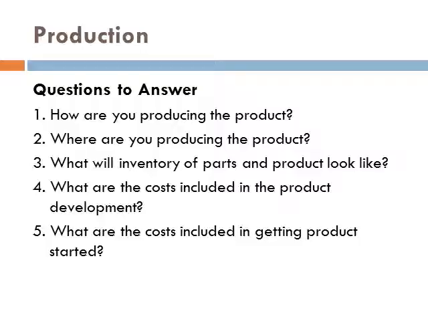And then, not more importantly, but just as importantly, what are the costs of developing this product? How much is it going to cost to get this thing off the ground? How much does it cost to make one widget?